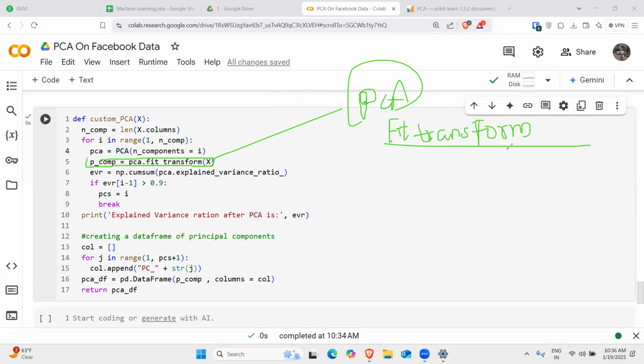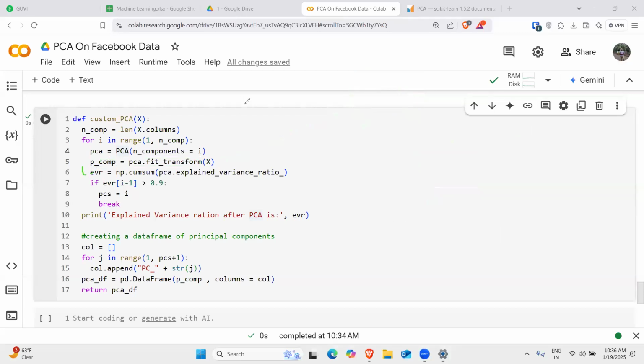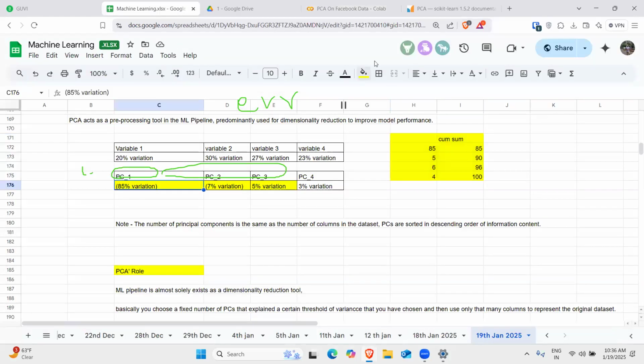Yes or no? So if I just do fit_transform, I'm getting basis vectors and that kind of stuff. I'm getting principal components, and we are defining another object, that is evr, which is nothing but np.cumsum of pca.explained_variance_ratio_. What is explained variance ratio, guys? This is your explained variance ratio.